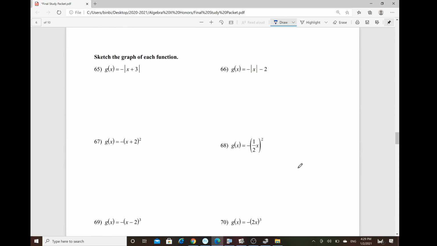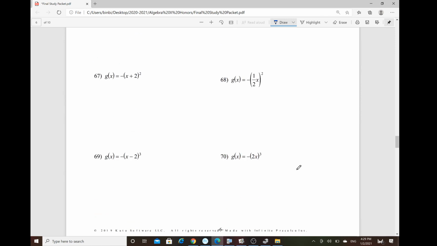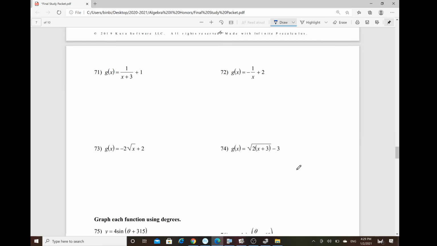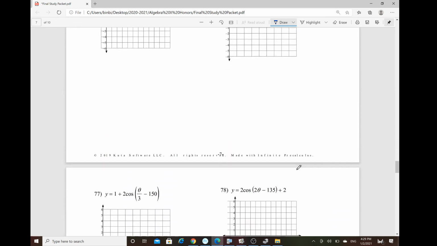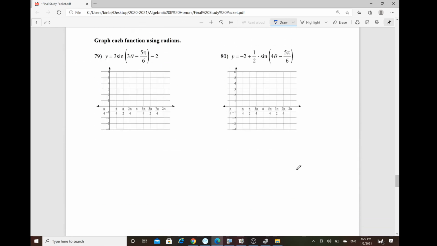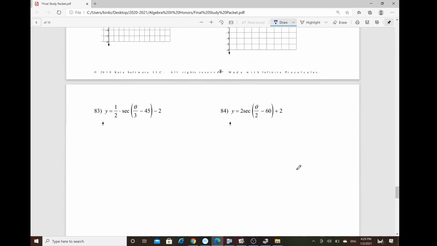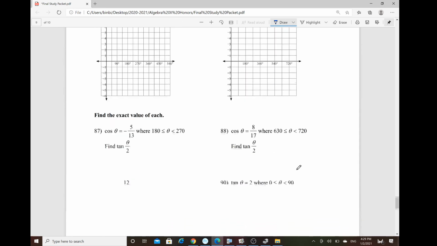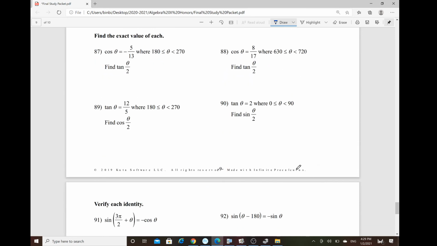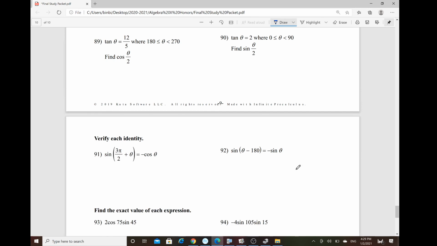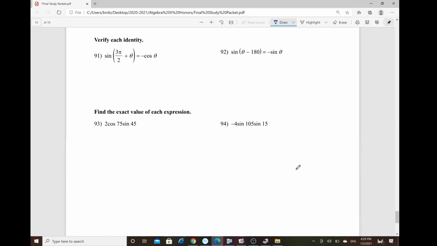And also graphing with transformations, all that: quadratic, absolute value, cubic, roots, rationals, and also the trig functions with the parent graph. And finally we'll get into the identities, using the identity to find the exact value for the half angle, sine, cosine, tangent, secant, cosecant, and also verifying the identity.